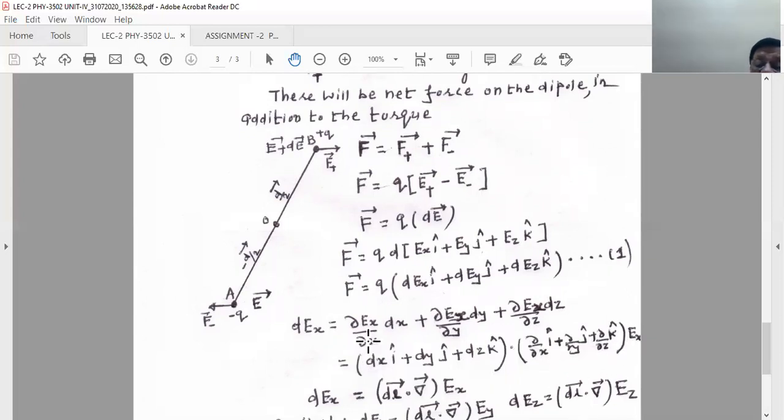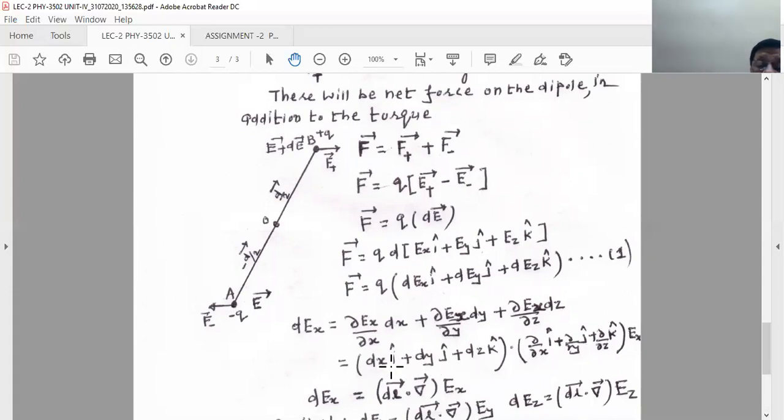You will get the first factor. And i dot j is 0, i dot k is 0. Now j dot i is 0, but j dot j is 1. So you get now dy into del by del y operating on Ex. So you get this component here. So this change in x component can be written as scalar product of these two vectors.